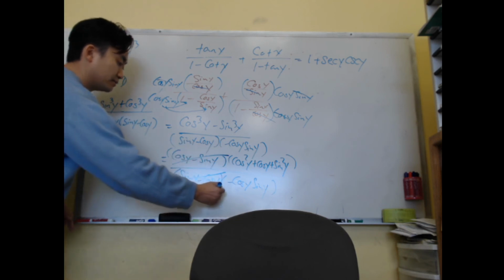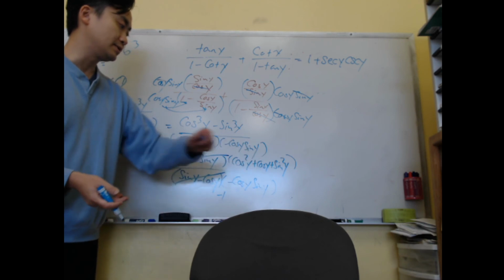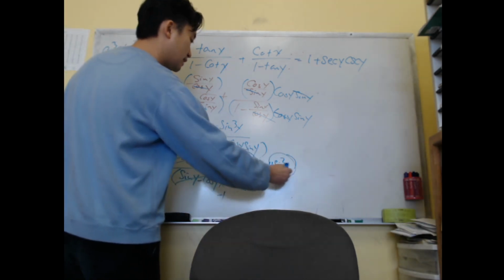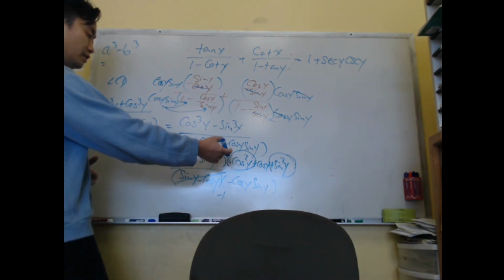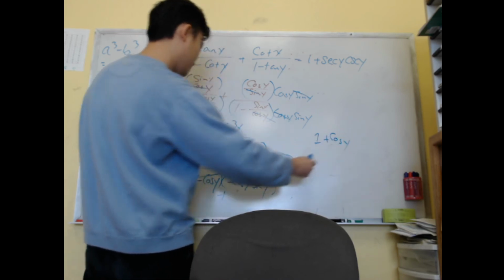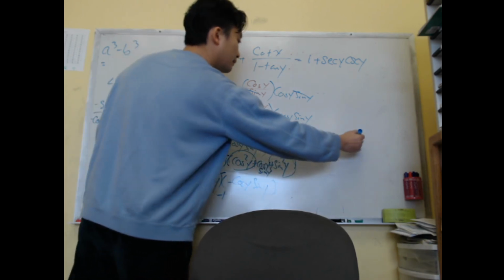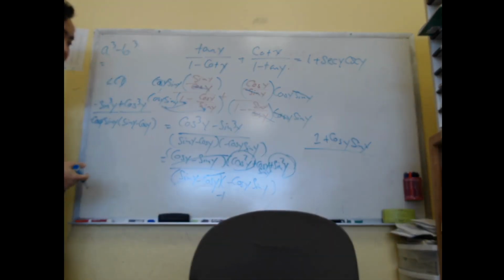So negative 1. What about cosine squared y plus sine squared y? Is that the Pythagorean identity? So for the top, we got 1 plus cosine y sine y. And the denominator was left.